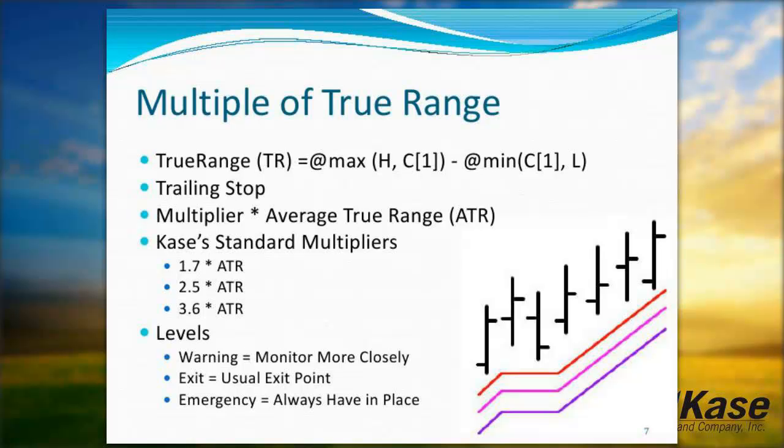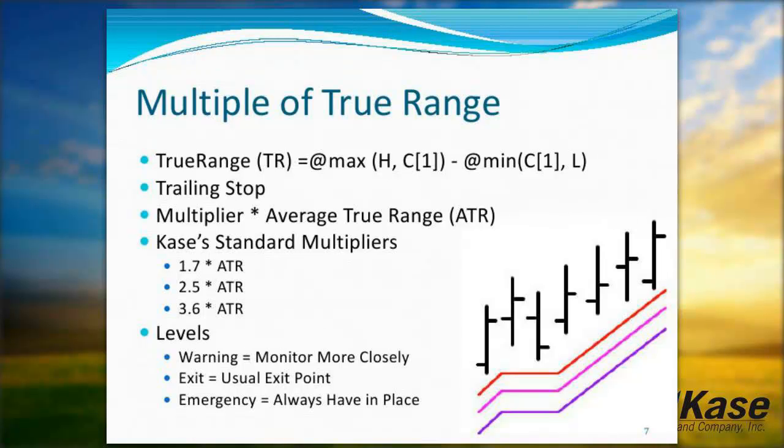Our Kase bars in TradeStation and Bloomberg are based upon movements in true range. And it's a big part of what we do in our momentum indicators and in our DevStops. So true range is basically the maximum distance of trading between two bars.